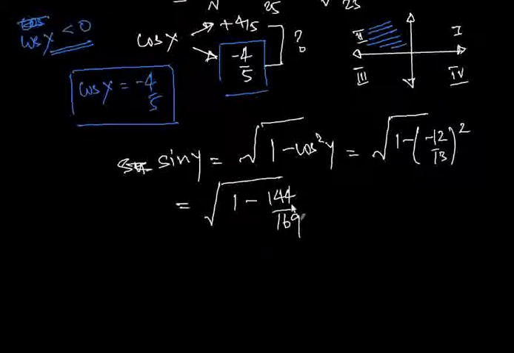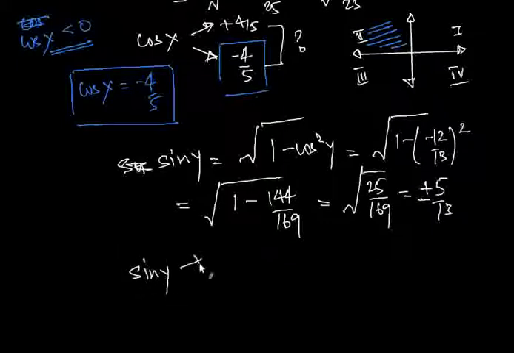You square a number, you always get a positive number. This boils down to under root 25 by 169, which is equal to either plus 5 by 13 or minus 5 by 13. So again, we have the same situation as before: two choices for what sine y could be.